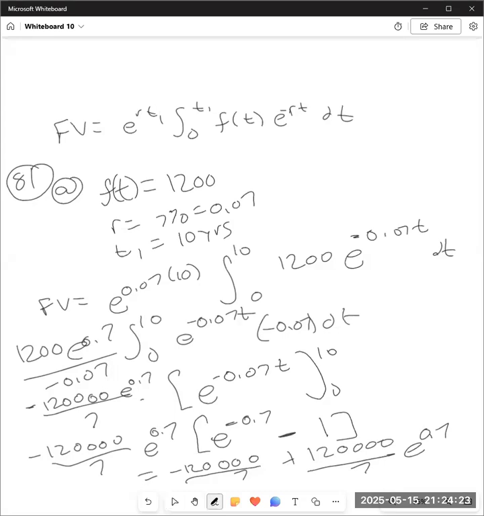This is what I'm putting in my calculator, 12000 over 7 times e to the 0.7 minus 1, which is equivalent mathematically to what I have down there. And I get 17378.62. That was part A. Let's go ahead and look at part B.